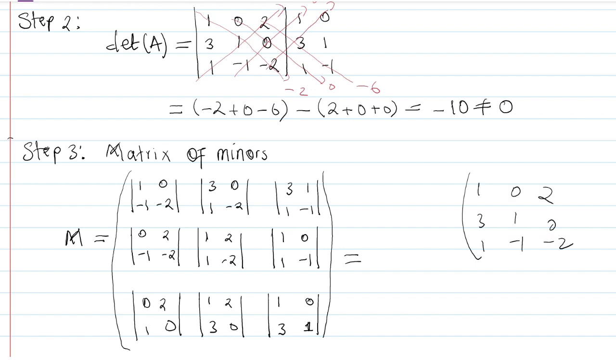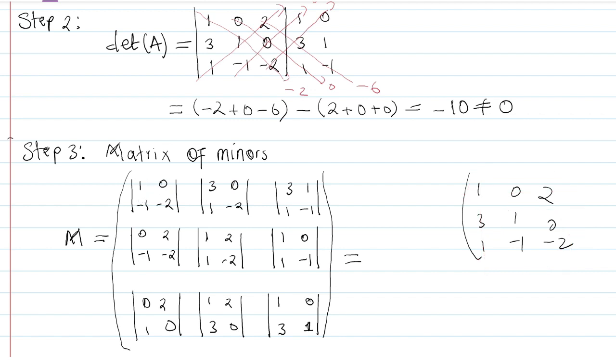To find the minor of the first entry, where there is 1, I will delete the first row and the first column. The remaining 2 by 2 matrix is the minor of A11. So we have 1, -1, 0, and -2, which is this one. So I just find the determinant and put it there.